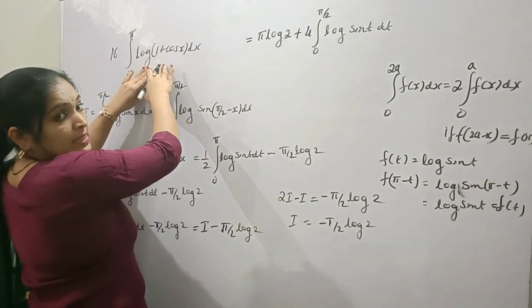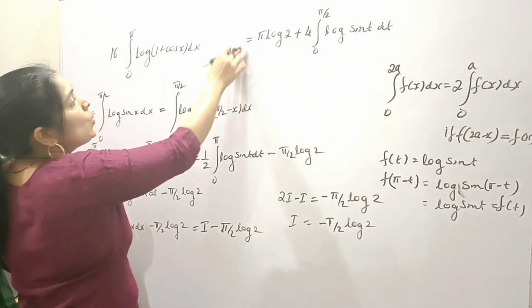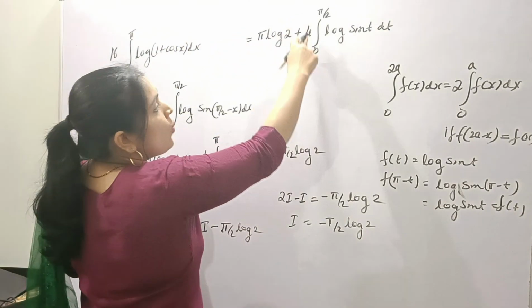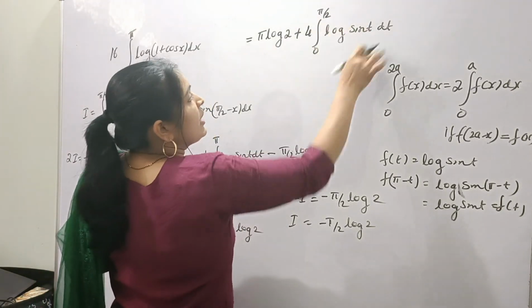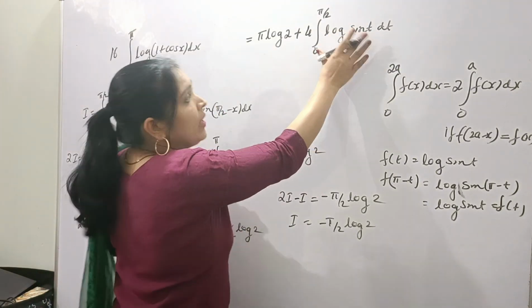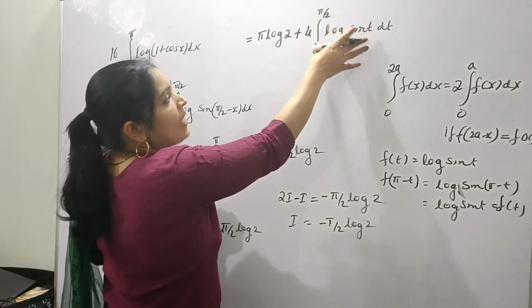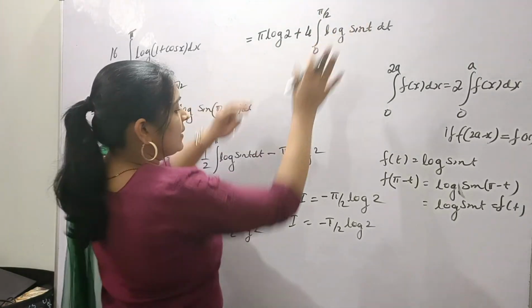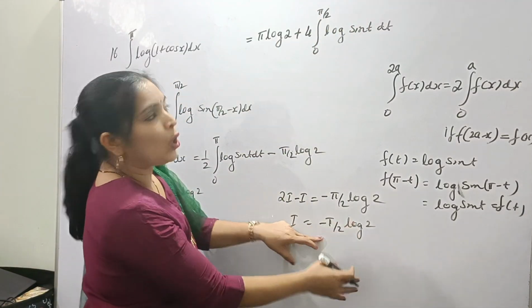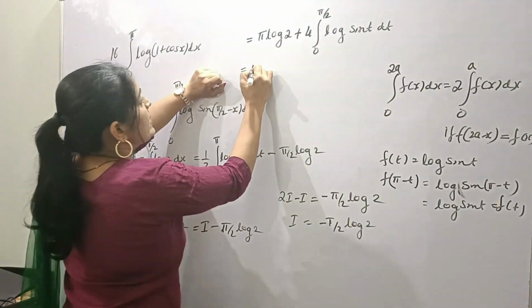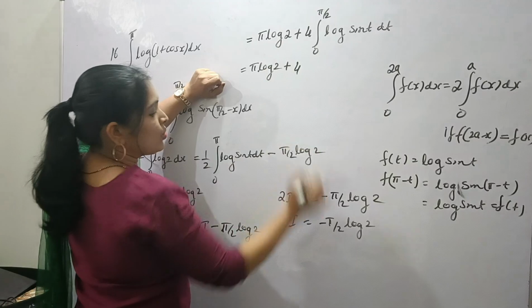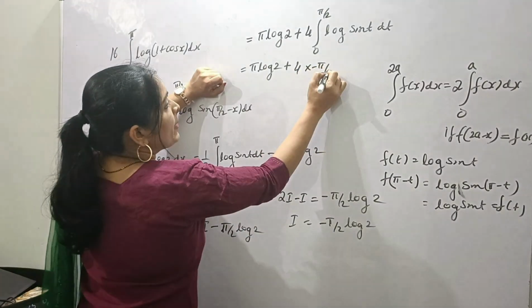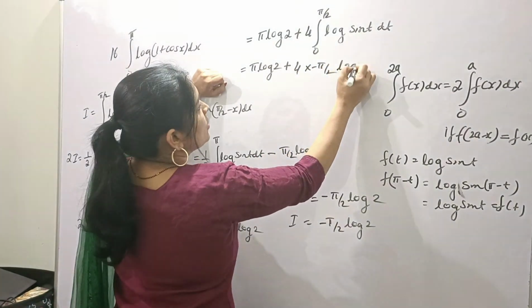Now we can substitute here. We have to find this integral, right? This one is equal to pi log 2 plus 4 into integral 0 to pi by 2 log sin t dt. We have found the value of this integral, which is minus pi by 2 log 2. Substitute here: pi log 2 plus 4 into minus pi by 2 log 2.